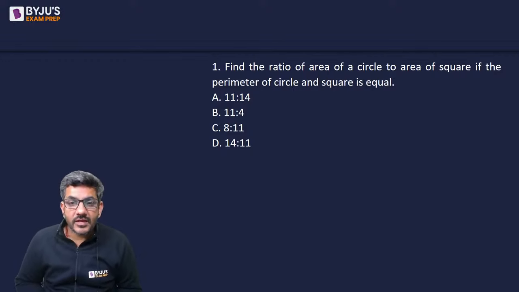Find the ratio of the area of a circle to the area of square if the perimeter of circle and square is equal.